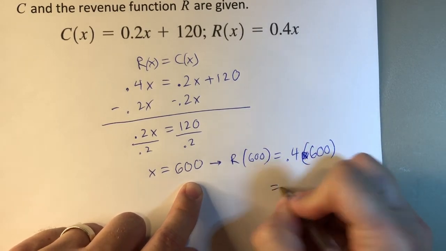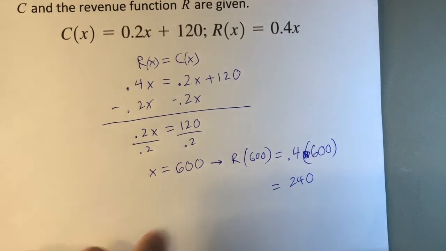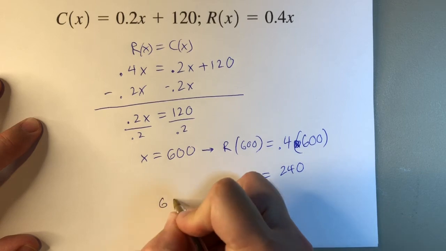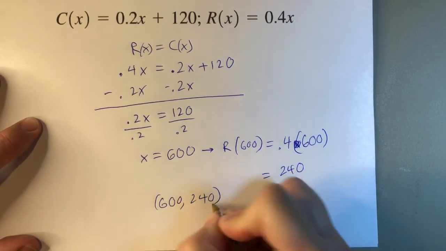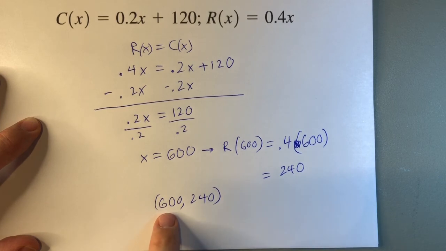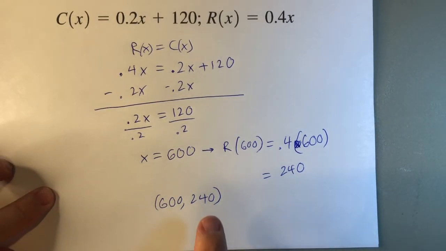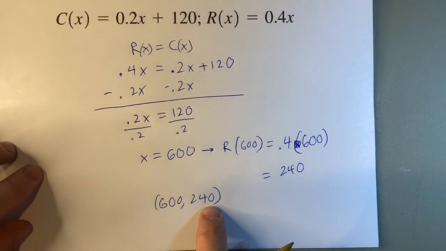There we go. Very good. So what's 4/10 times 600? That is 240. So your break-even point is going to be 600, 240. This 600 is the number of units that this firm should be manufacturing, should be selling, in order to get that break-even revenue of $240.